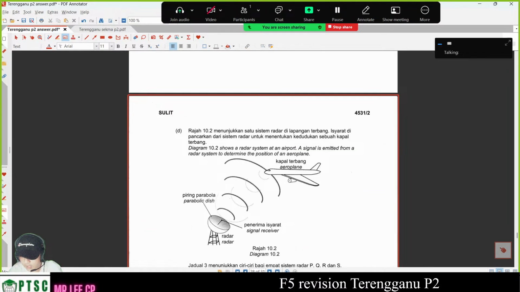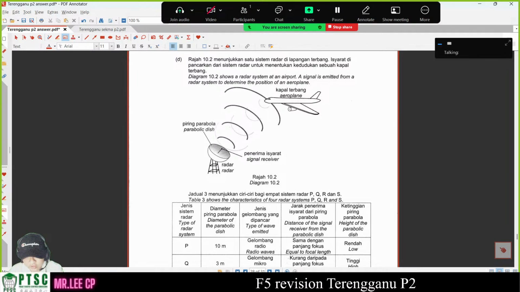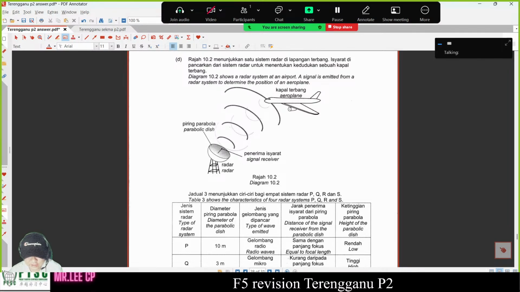Okay, why? So it can transmit more signal.